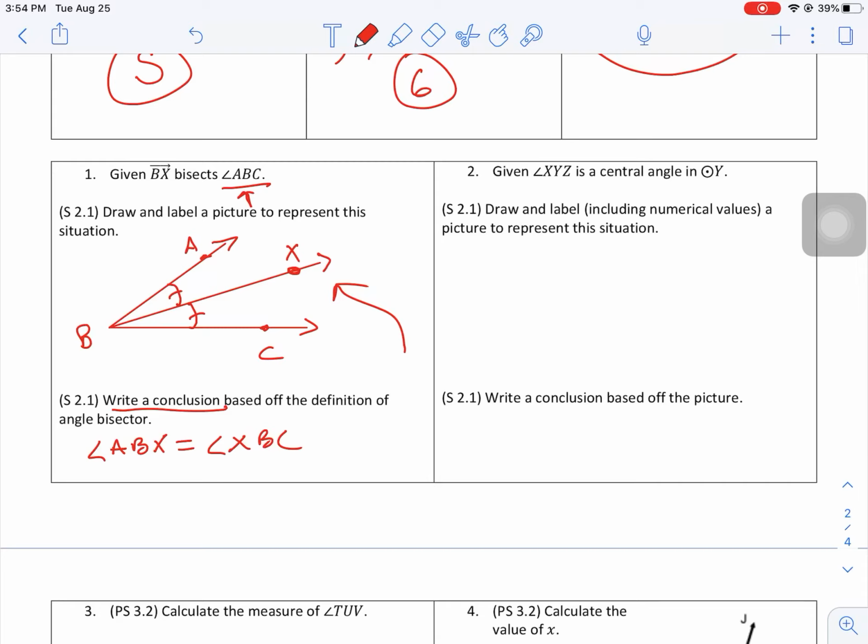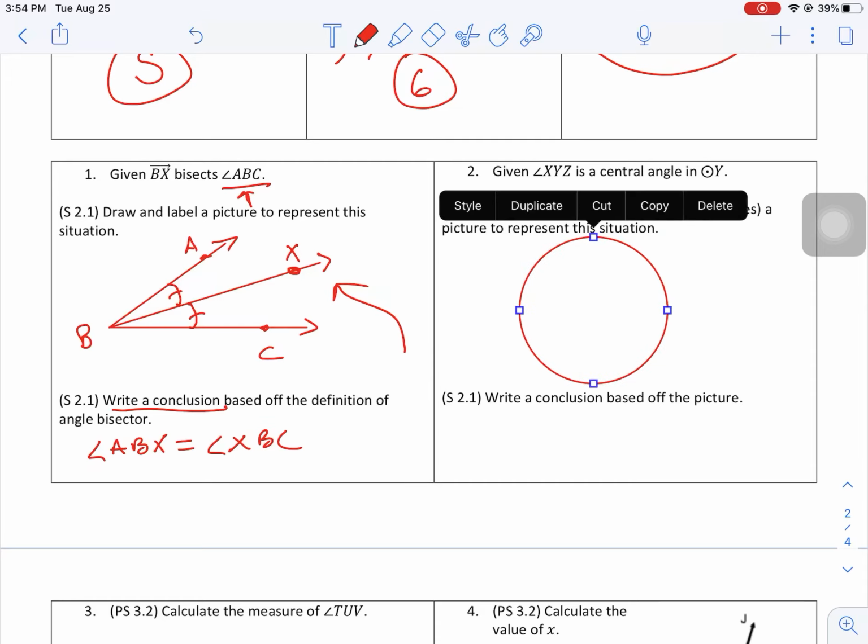It says given XYZ is a central angle in Y, draw and label, okay? So we're going to draw, okay? We're going to put a center, which is Y, and we're going to give a central angle.